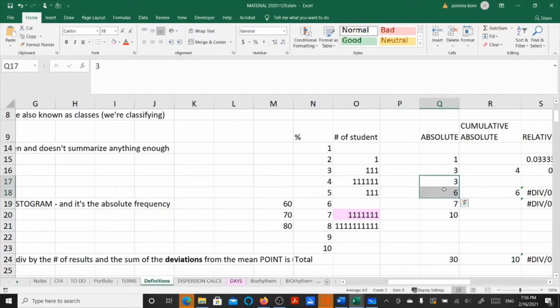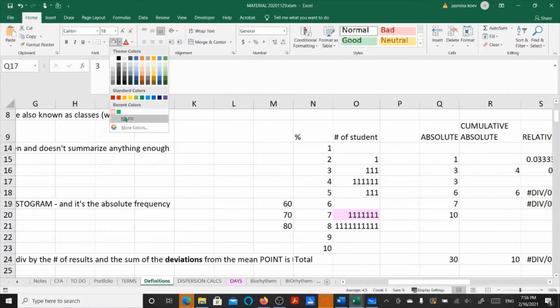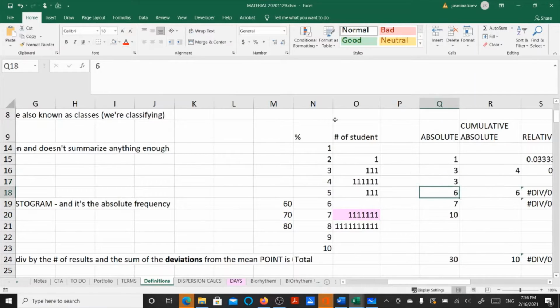So we're going to take the middle 2 values, 3 plus 6, which is 9, divide that by 2, and we get a median of 4.5. Let me take this back.